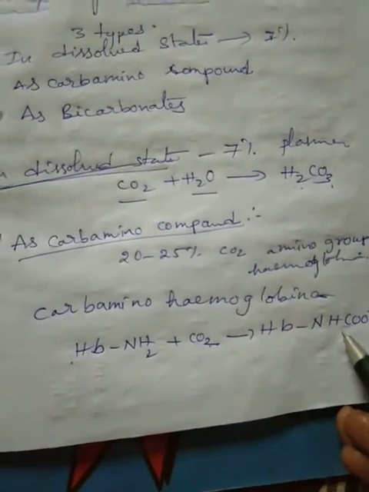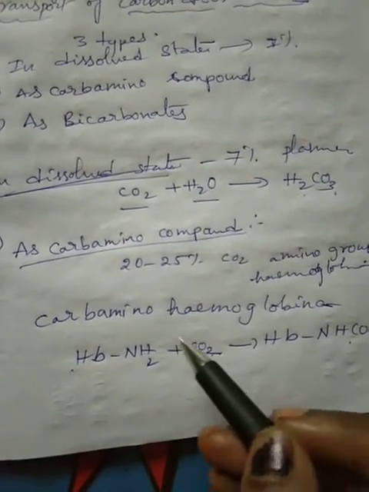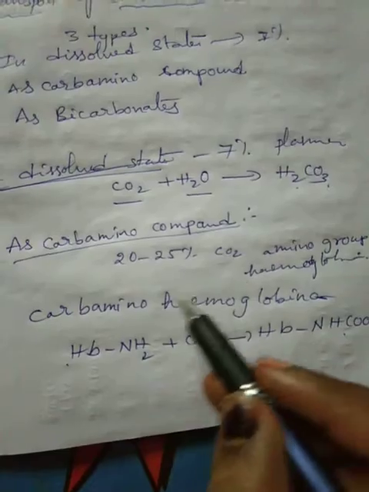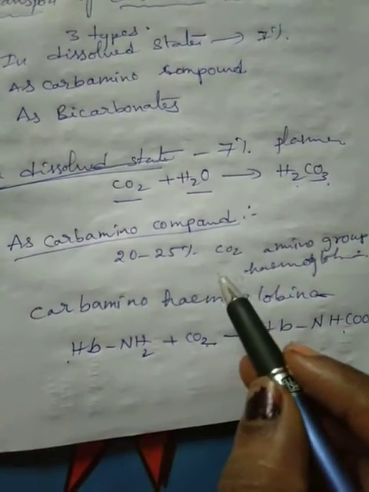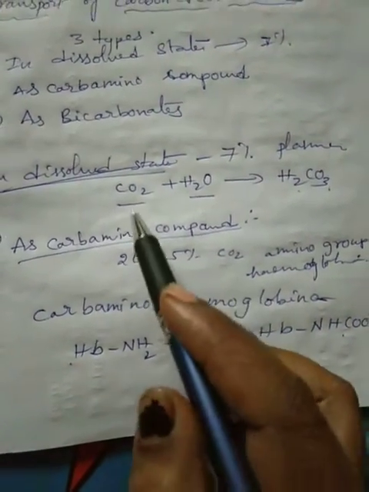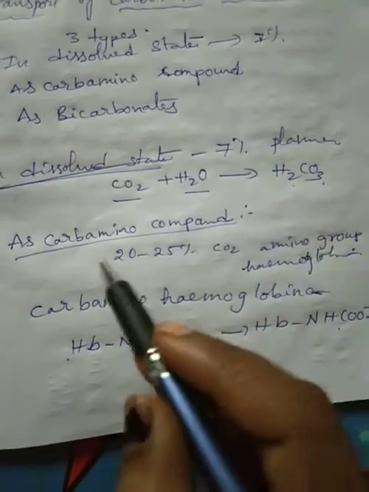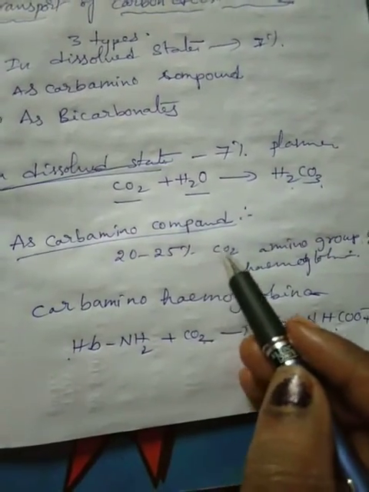So the CO2 is transported as carbamino compound by 20 to 25%. Dissolved state is 7%, and 20 to 25% is carbamino compound.